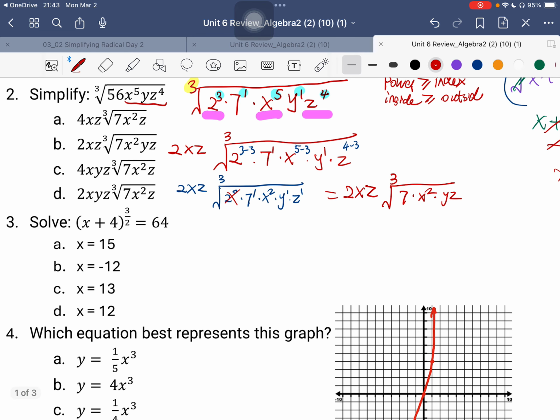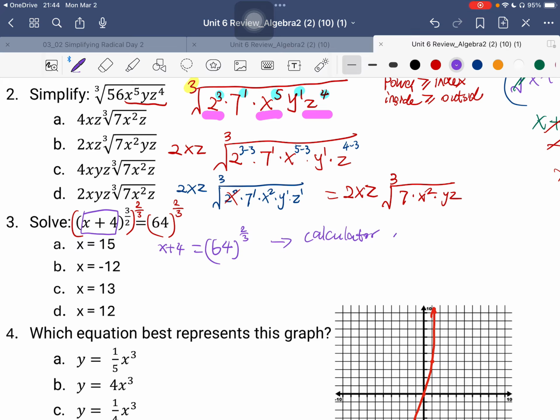Okay, question 3. If I see a rational exponent, I need to flip it and put it on both sides. So I'm going to put 2 over 3 on both sides. And then on the left side, it'll just be what's inside the parentheses, which is x plus 4. On the right side, it'll be 64 to the power of 2 over 3. And you need to put this into the calculator.